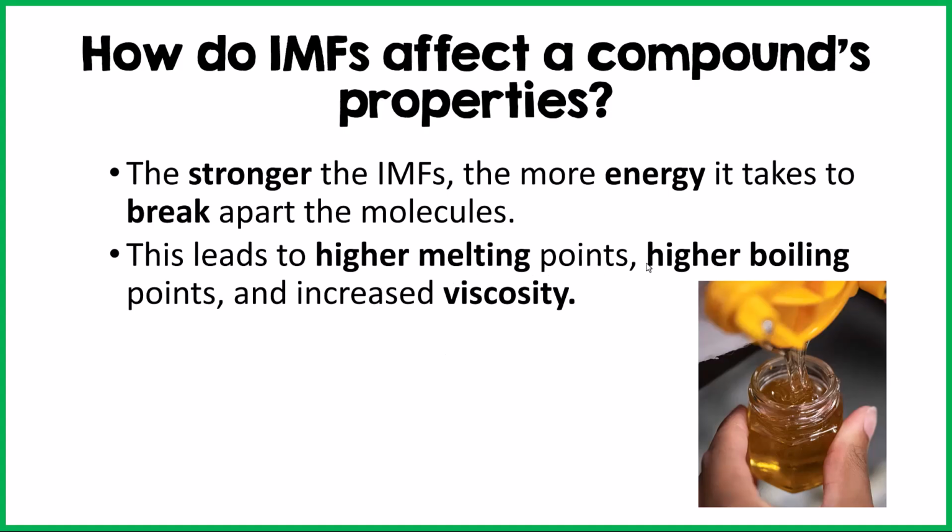With melting points and boiling points, we're breaking the bonds between the molecules in order to either allow them to slide over each other if they're becoming liquids, or to break apart from each other into a gas form. Those molecules need to be able to separate from each other. The stronger the intermolecular forces, the harder time they're going to have separating from each other, so that'll cause a higher melting point and a higher boiling point.